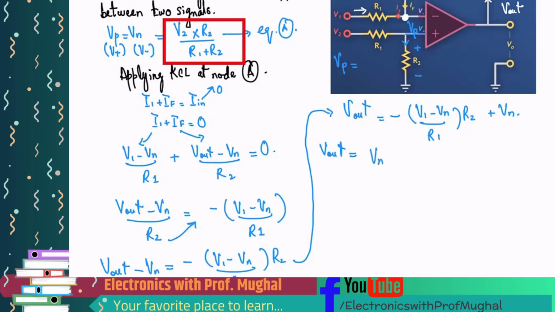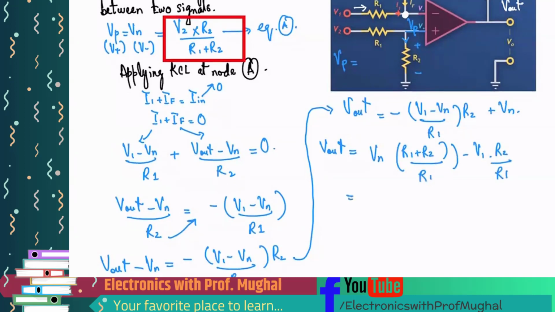Vn, and then I have R1 plus R2 divided by R1, minus V1 times R2 over R1. And this will be V2. Again, this Vn comes from here: V2 times R2 over R1 plus R2.